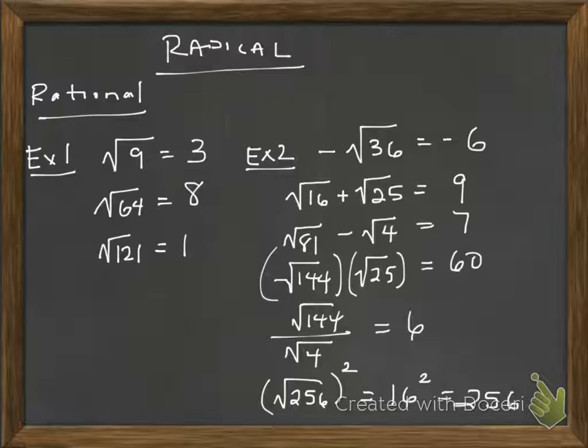Now, the thing I want to show you for this, if you guys can't handle it, you're done. This is your warning. The thing I want to show you is basically a square cancels out a square root. So if I have a square here and a square root, they just cancel each other out.